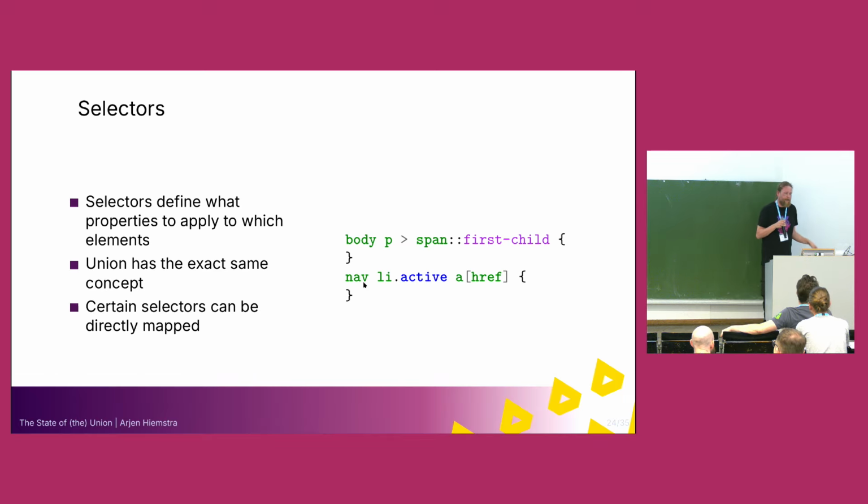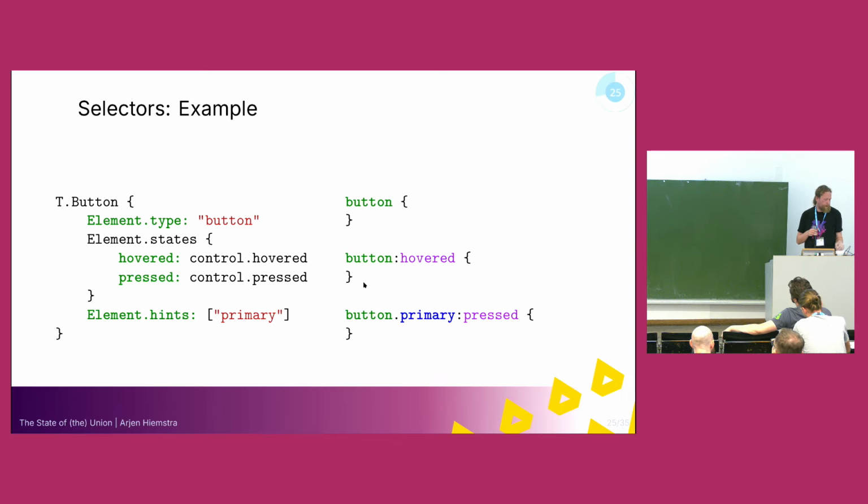So Union has the exact same concept, which meant that mapping this from CSS is easy. As an example, here's a bit of Union's Qt Quick API. It basically says, hey, if you're a button, then I declare that this is a button and some states, and then there are some of the possible CSS selectors that allow you to target this specific element. Either very generically, like, hey, every button needs this styling, or specifically, the pressed state of a primary button needs this styling.